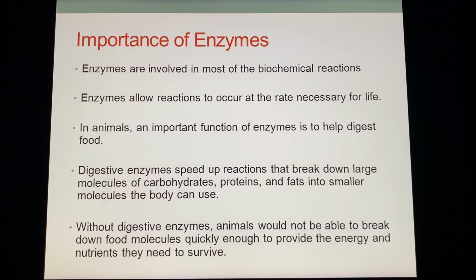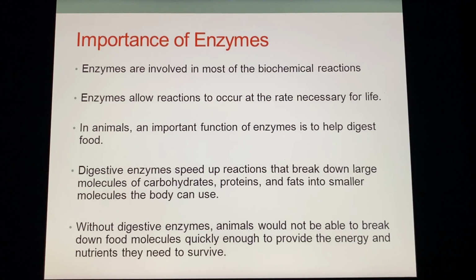So what is the importance of enzymes? Why do we need them? They're involved in almost all biochemical reactions in our bodies, and they allow reactions to occur at the rate necessary for life. In animals, an important function of enzymes is to help digest food. That's the most important one, because we need to break down that food in order to get energy.